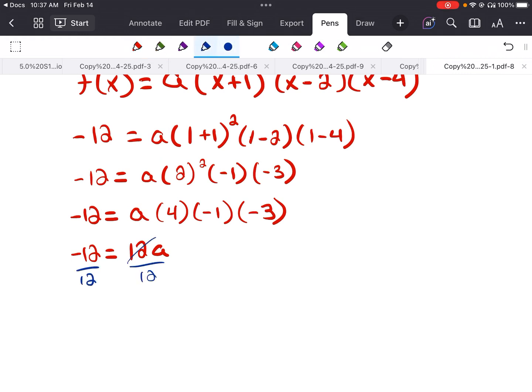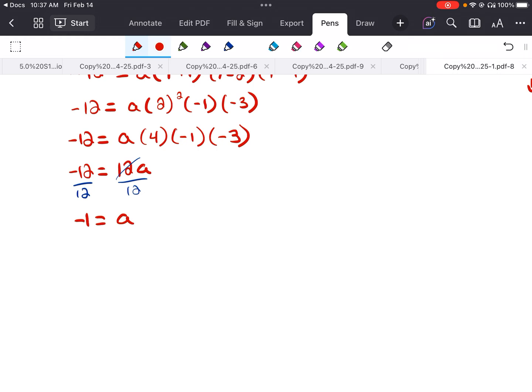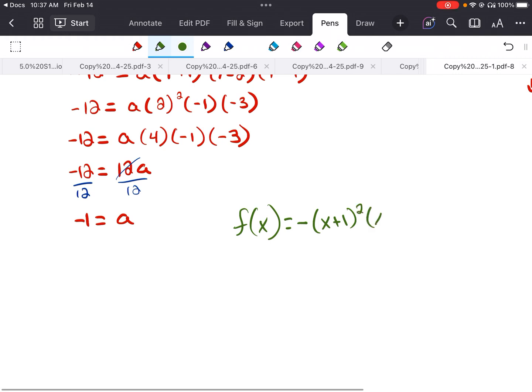We'll divide both sides by 12. So a equals negative 1. Therefore, our equation is, you don't have to write the 1, negative (x + 1)^2 (x - 2)(x - 4).